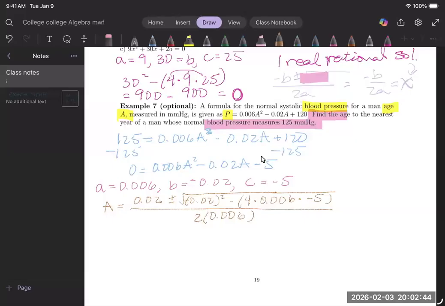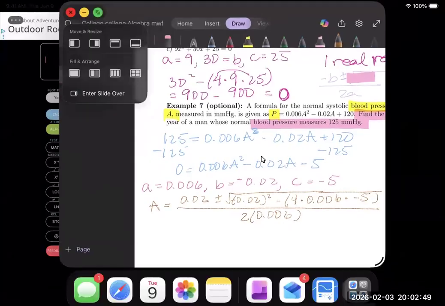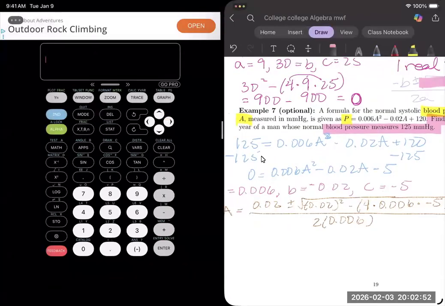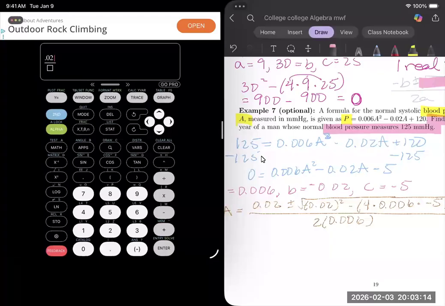Okay, depending if you have a fancy calculator, let's see if I can get this to work. Alpha fraction, yeah, 1. There we go. So 0.02 plus the square root of 0.02 squared.